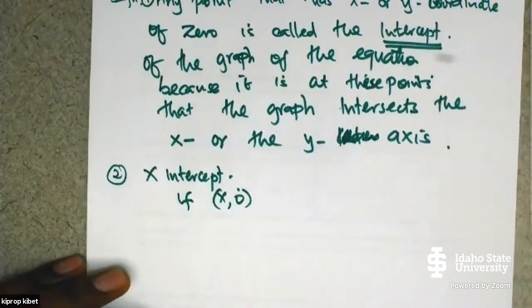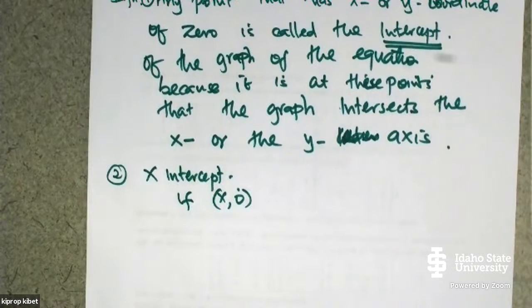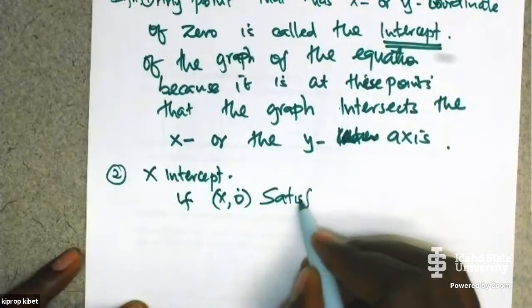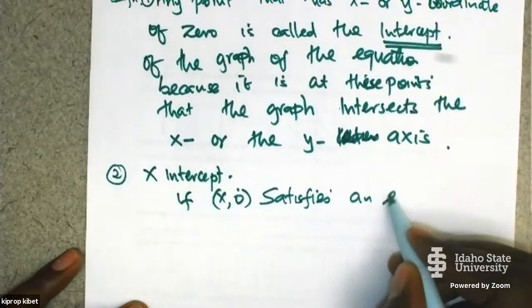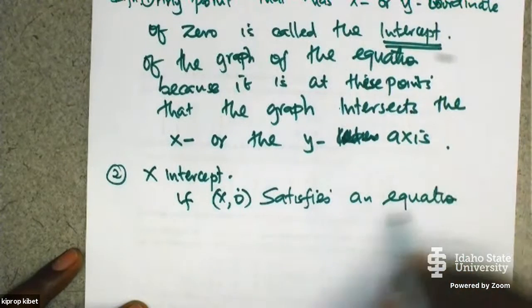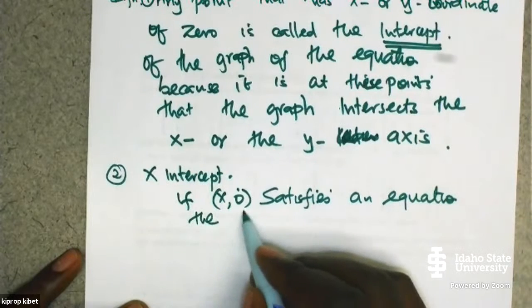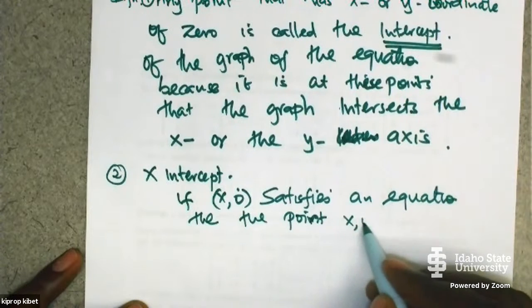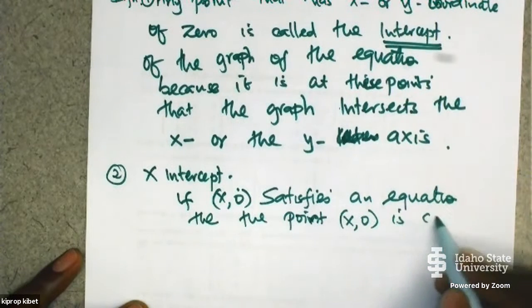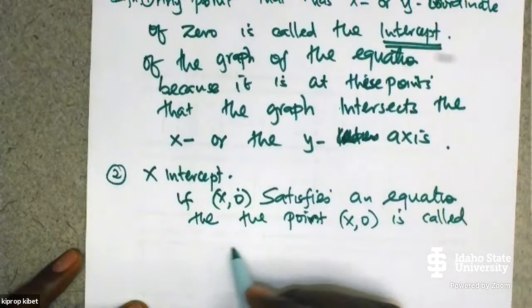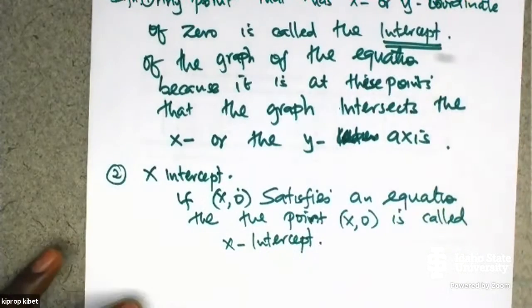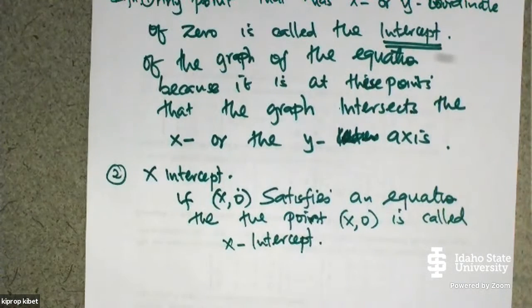If x0 is a coordinate that satisfies the equation, this is the point where y is equal to 0, then the point x0 is called the x-intercept.